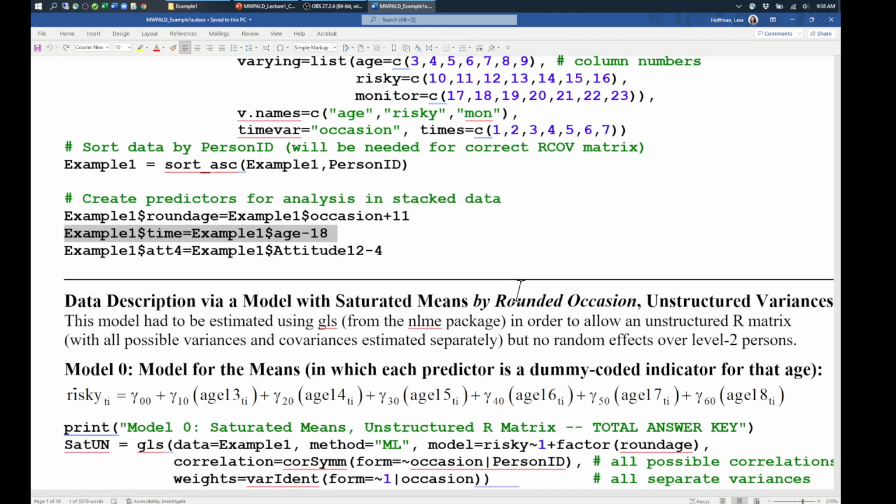So you could call it age, but I wanted to differentiate the centered version from the uncentered version. And age 18 was what it was called in the wide data set, which is yet a third possibility. So to make sure that none of the names overlapped, I changed it. So it's purely a semantic distinction. So time is age minus 18.